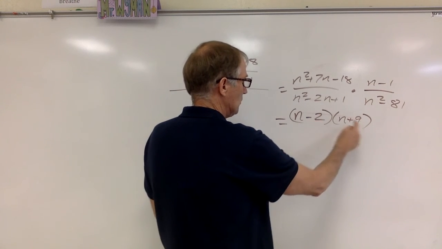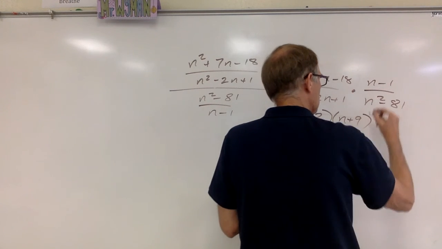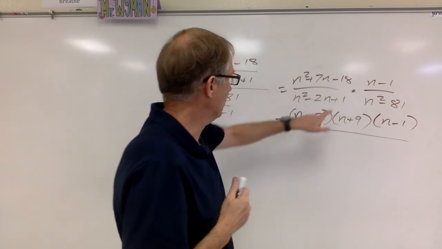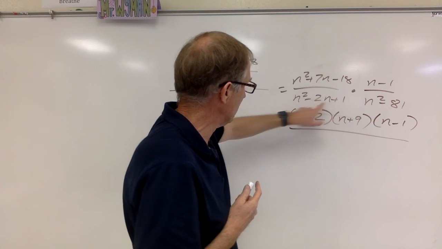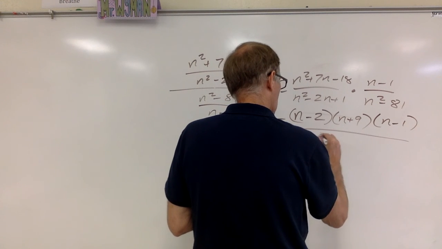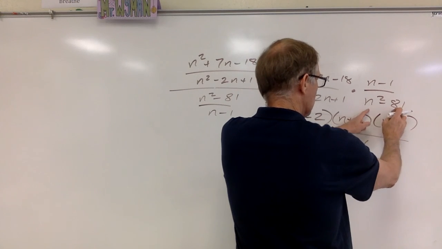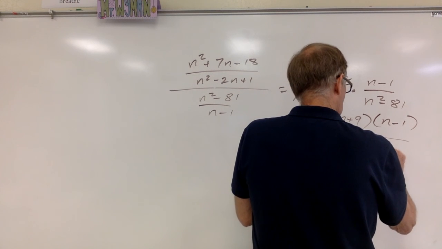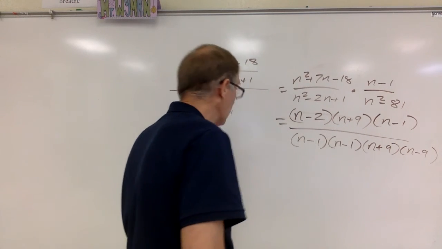Negative 2 times plus 9 is negative 18, negative 2 plus 9 is plus 7, times n minus 1, all divided by, the factors of this are negative 1 and negative 1, because negative 1 times negative 1 is plus 1, negative 1 plus negative 1 is negative 2. So this is going to be n minus 1, n minus 1. Those are the factors of this term. Times, n squared minus 81 is n plus 9, n minus 9. It's the difference between 2 perfect squares.